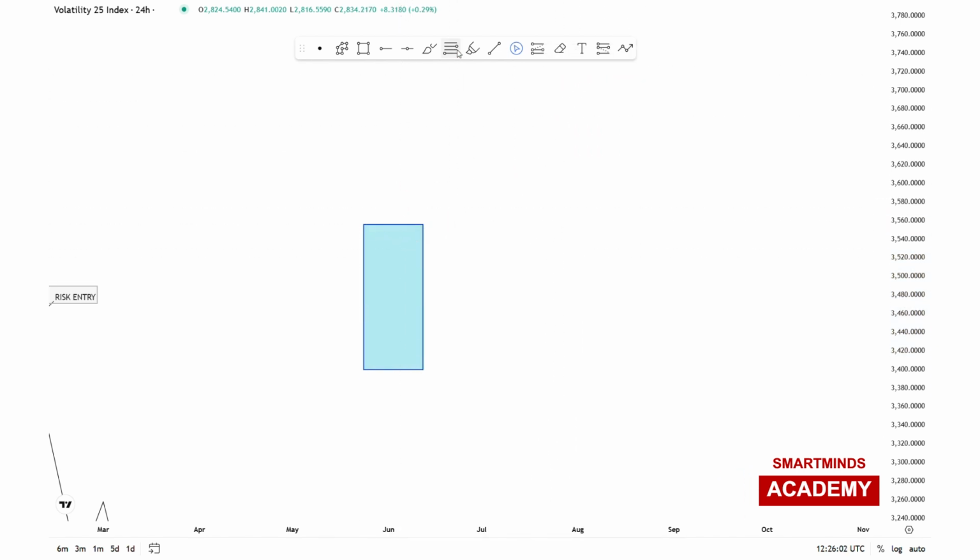your range high. So let's say this is your candle range high. If this is your candle range high for a bullish setup, this is your candle range low here.